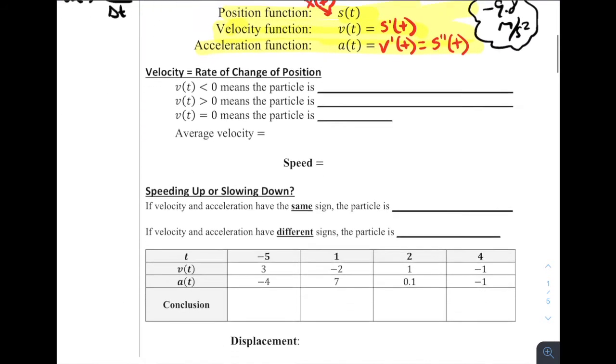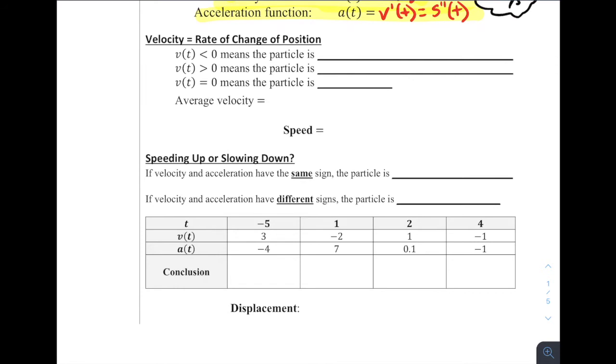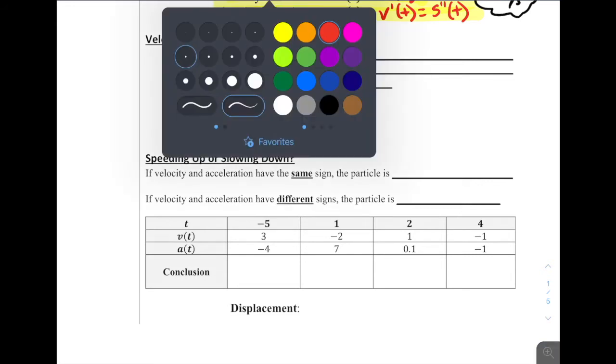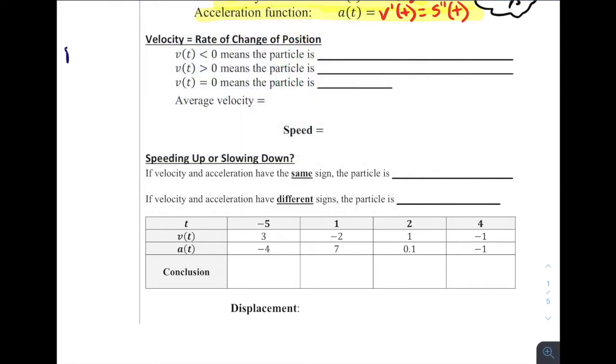So let's talk about what we know about velocity in terms of the rate of change of position. Normally in these problems, we are dealing with what's called particle motion.